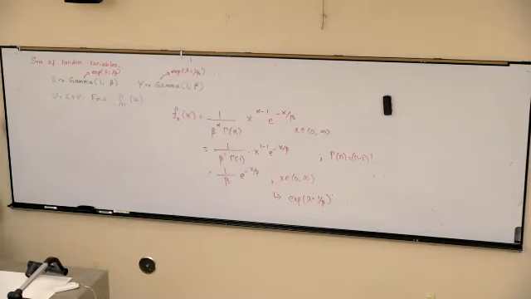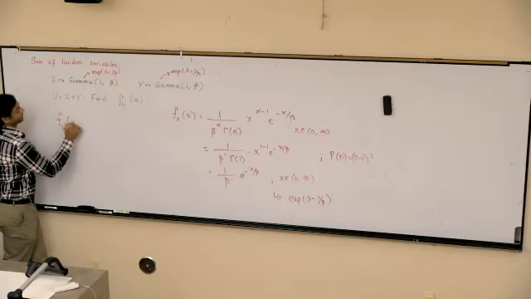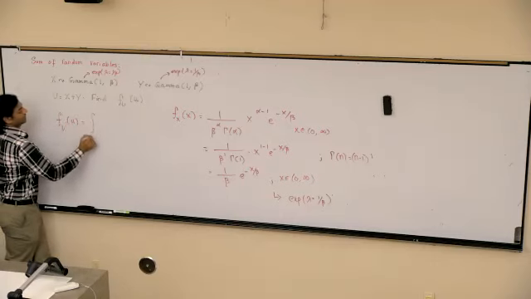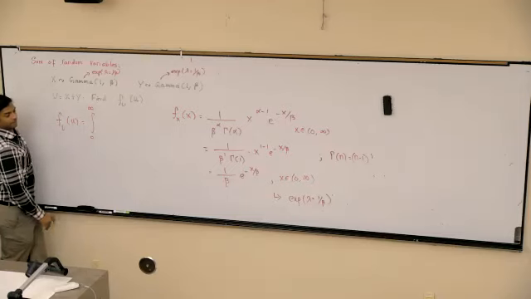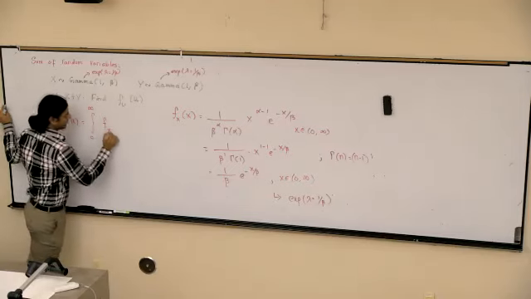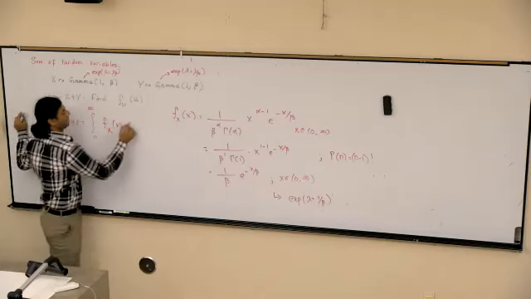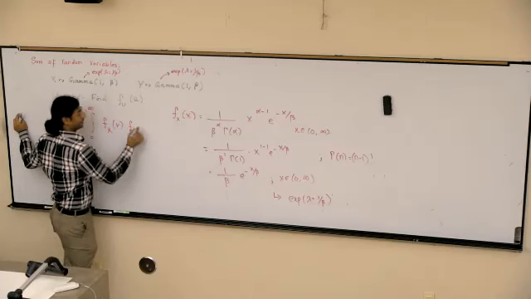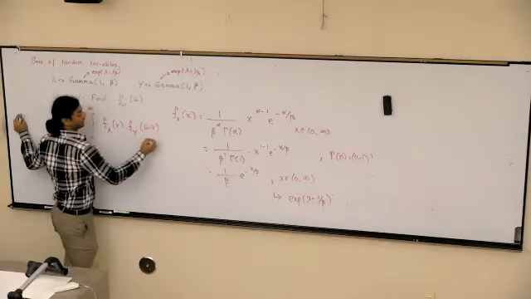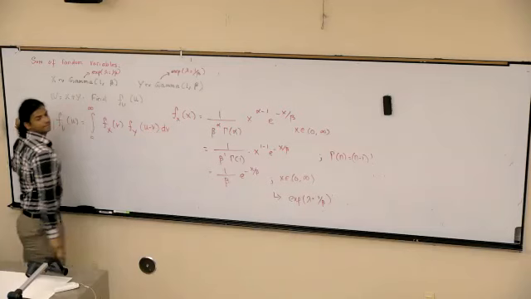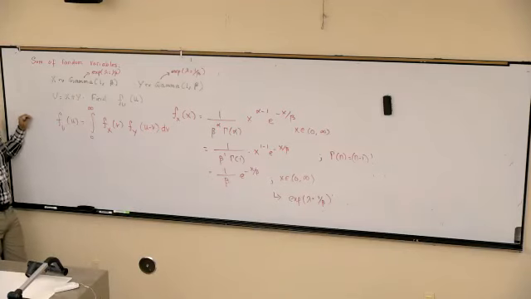Now, I know the convolution integral. It simply states, take f_X, evaluate it at v, f_Y, evaluate it at u minus v, and integrate it over v. That's what we derived for the sum of random variables. And that simply is the convolution integral.